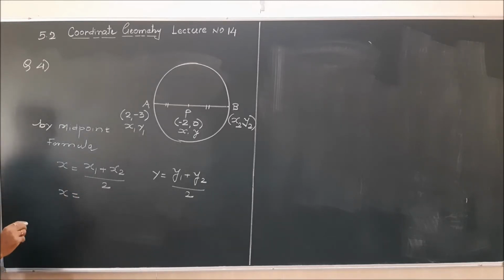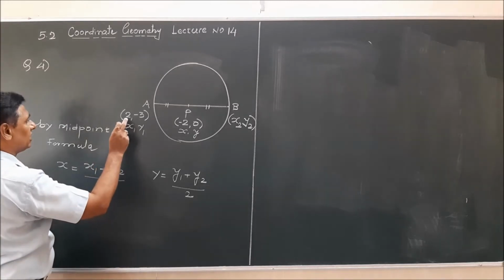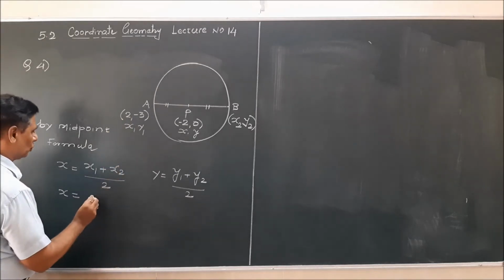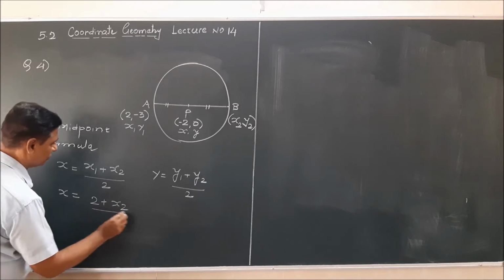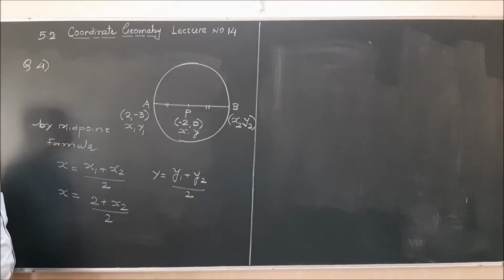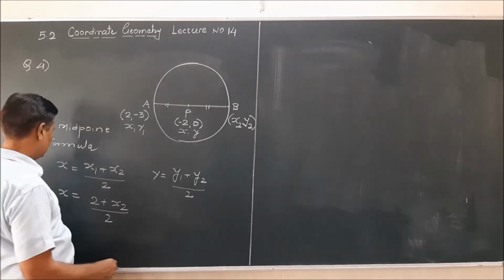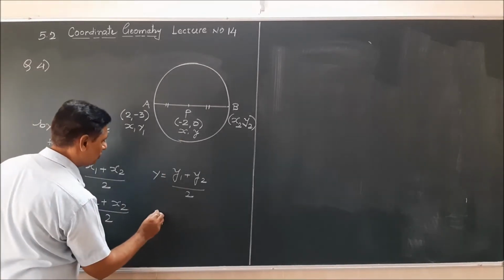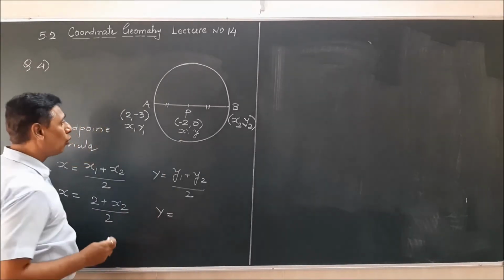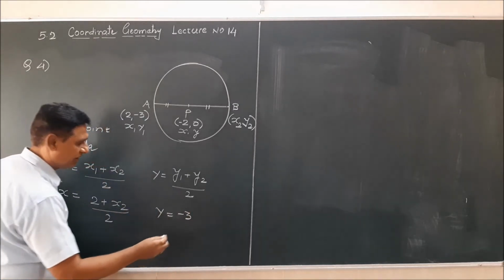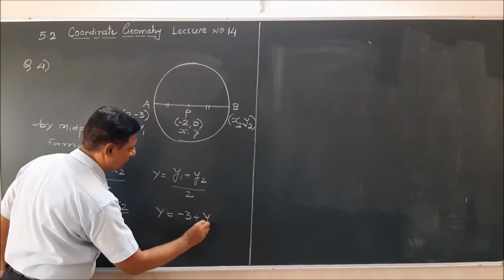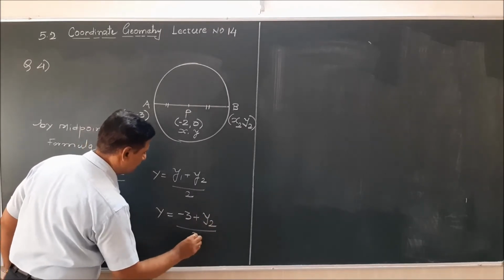Very interesting. So you will find here x1 as 2 plus x2 as it is, since we don't know the value of x2 at all. y is equal to y1 which is -3 plus y2, we don't know the value of y2 at all, upon 2.